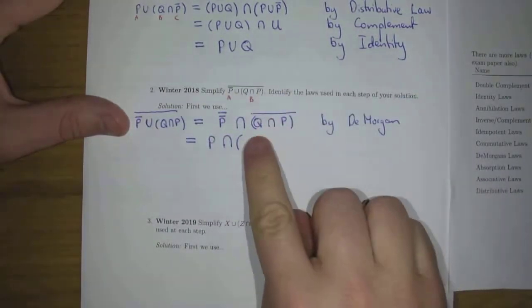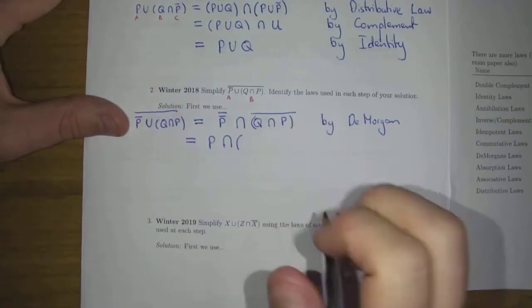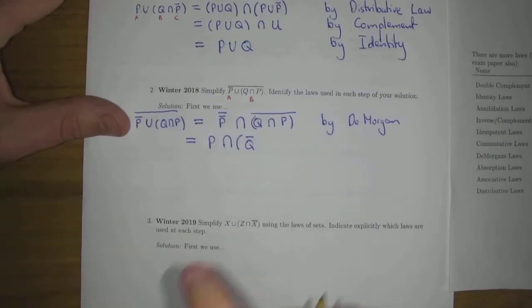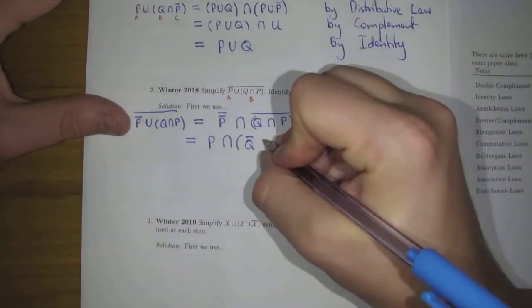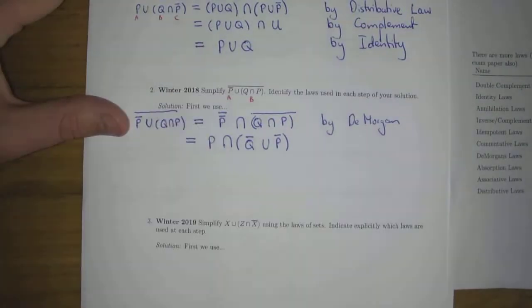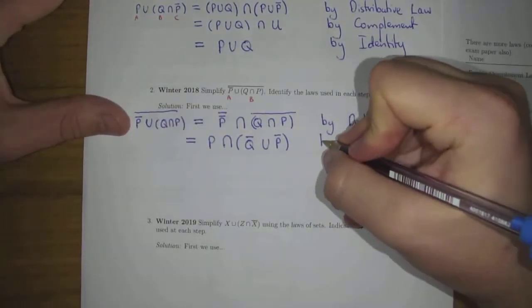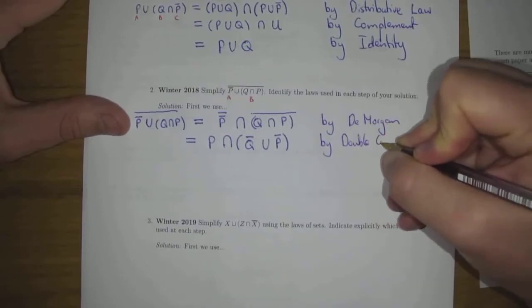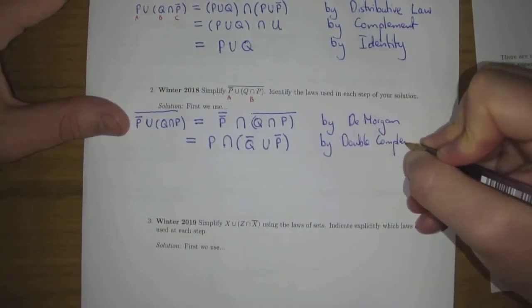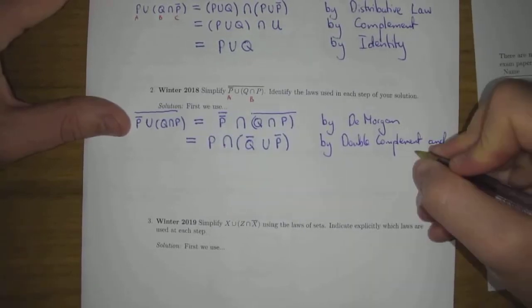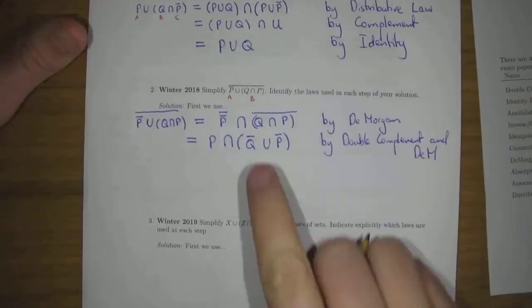And keeping the bracket, De Morgan here, the nots go on each, so you're going to have not Q. The intersection gets turned into a union, not P. And it kind of looks like the one above now. So this is by double complement, and another De Morgan. Use De Morgan twice.